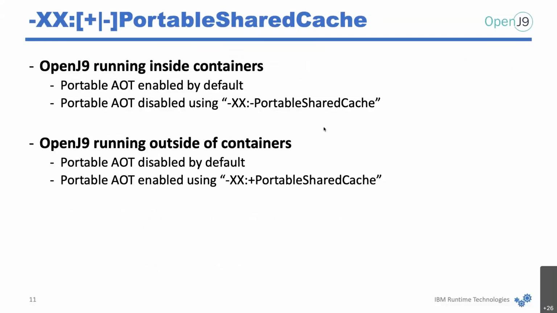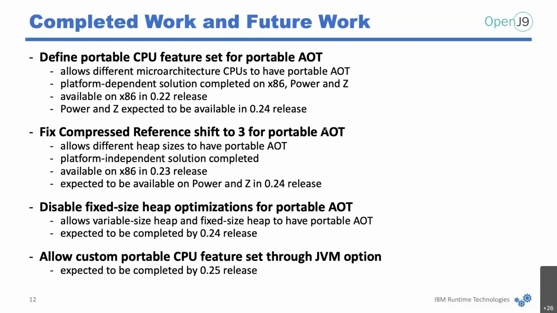Now to progress update and future work. The portable CPU feature set work, which allows different CPUs to share AOT, is completed on x86, Power, and Z, and it's already available on x86 in the current release.